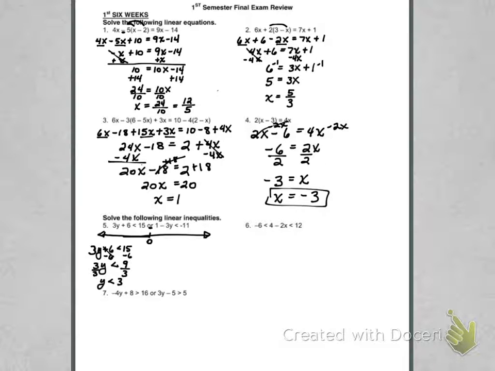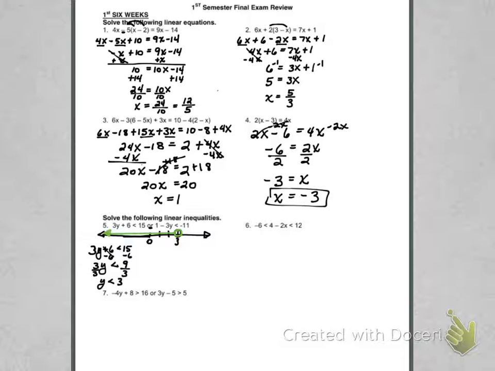Now when we put that on the number line, here's 1, 2, 3. Let me change colors just so that it shows up a little better. It would be an open circle on 3, and it would color to the left.